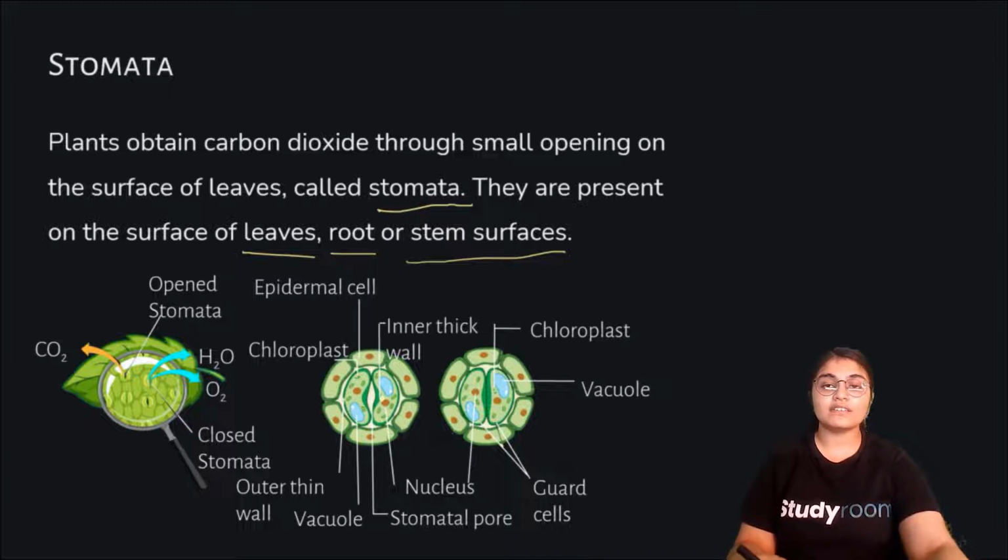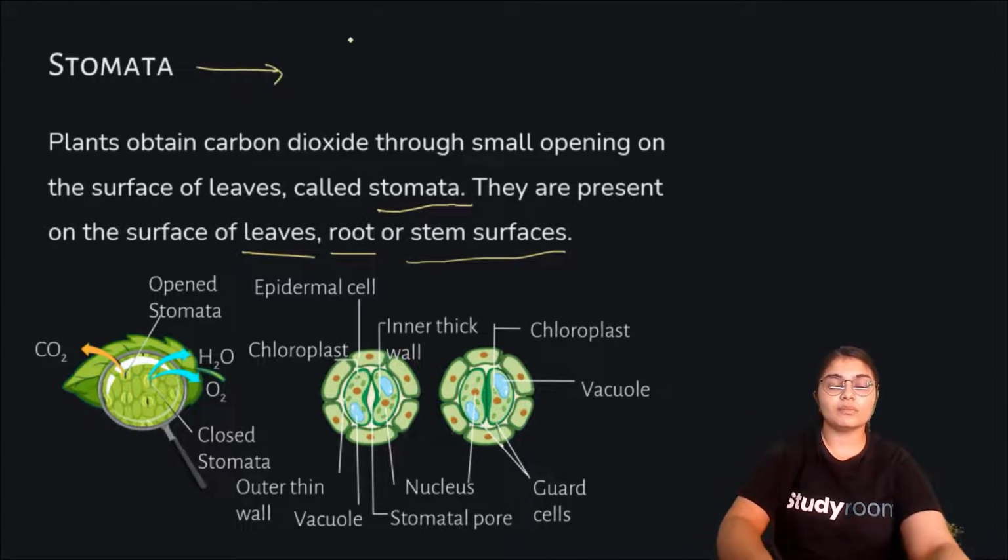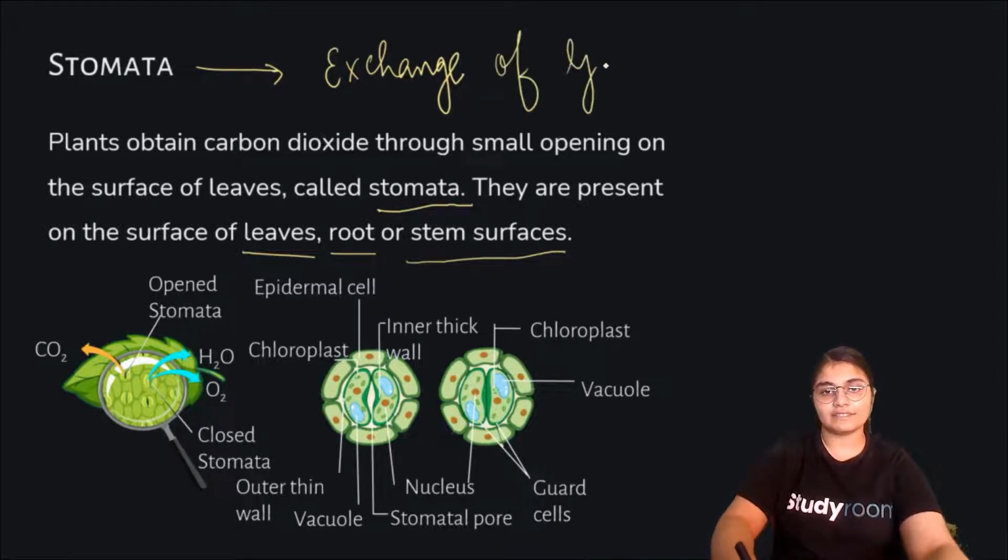Stomata is a very important organelle, and you need to learn about it. You need to understand that there is this opening which opens and closes, and through it the exchange of gases takes place. We'll always remember that stomata is for exchange of gases.